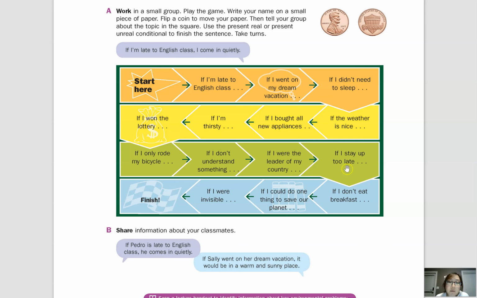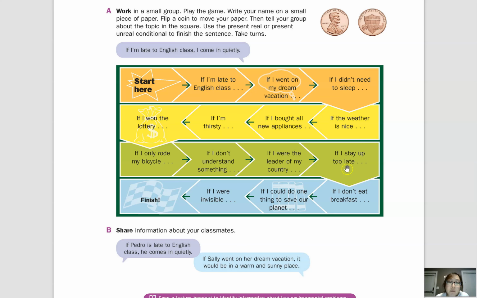And then, what do you do if you don't eat breakfast? And then, what would you do if you could do one thing to save our planet?